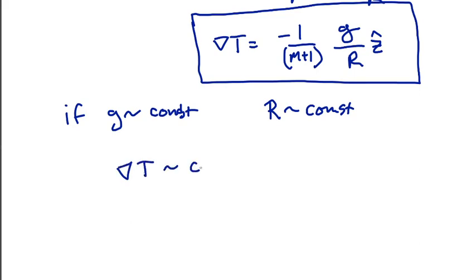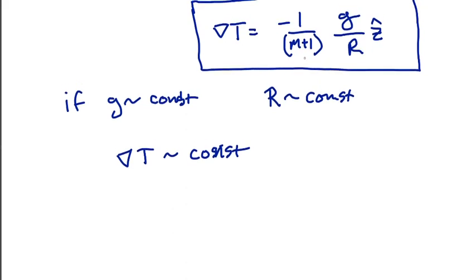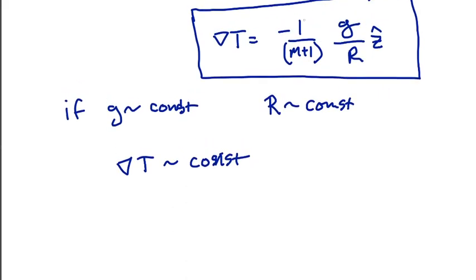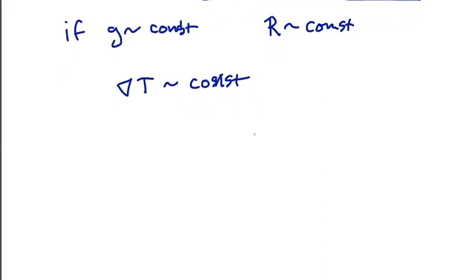That's because grad T is G, which is a constant, R, which is a constant, and the polytropic index plus 1, which here is a constant. And not only is it constant, but it's negative, and so T gets colder as you go up. As you go up in the atmosphere, as you increase z, the T decreases. The gradient is negative. This is actually a decent model for our Earth.